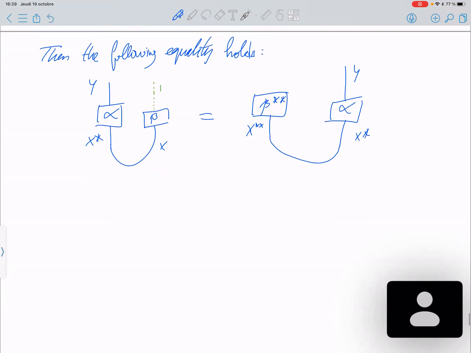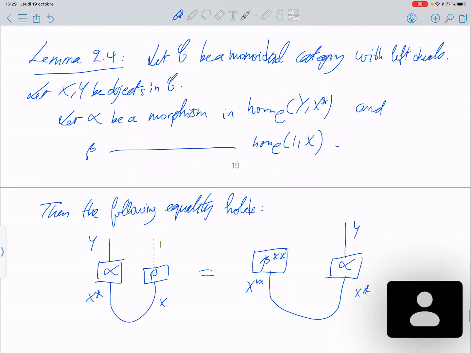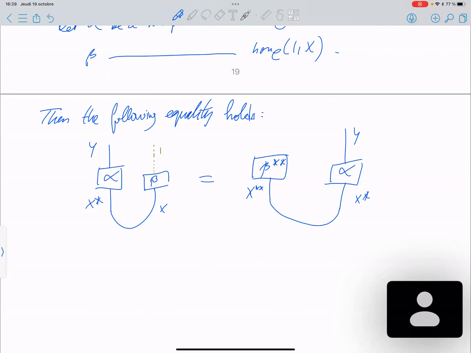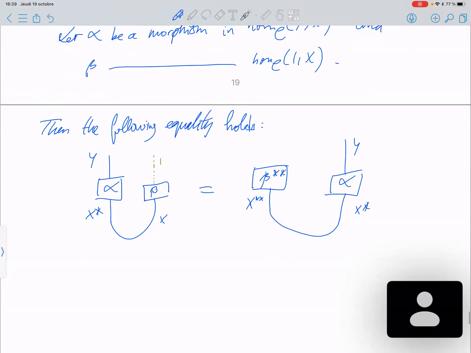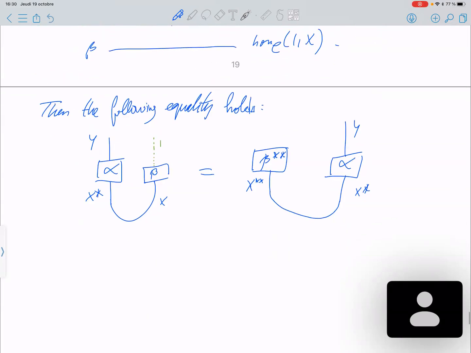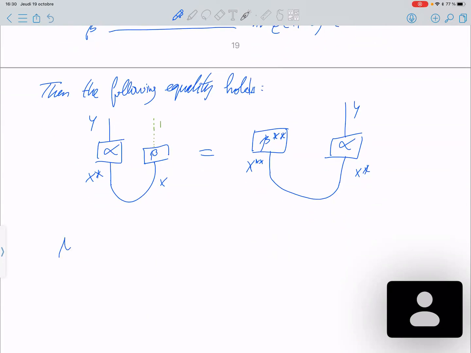If the monoidal category is pivotal, you can have something a little bit better.